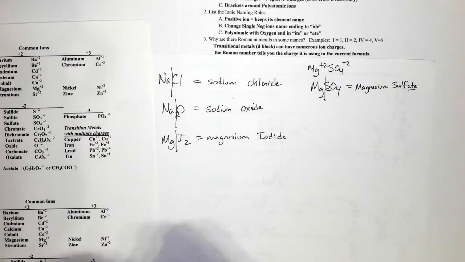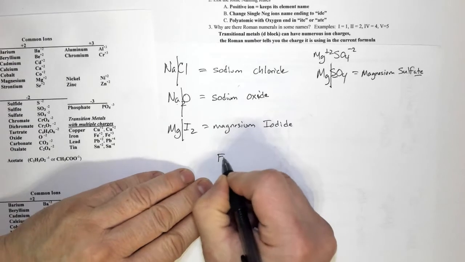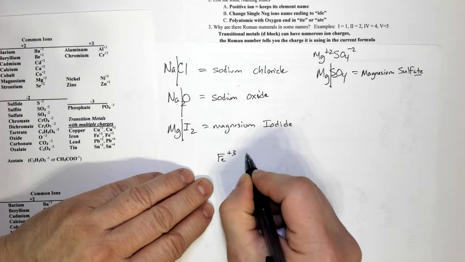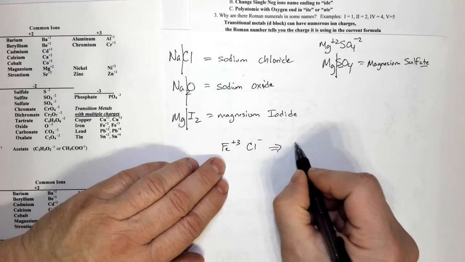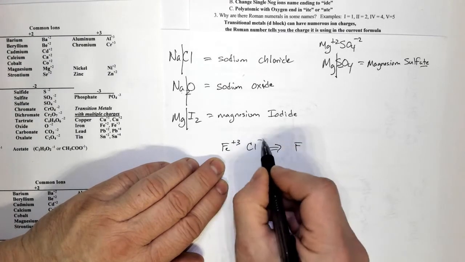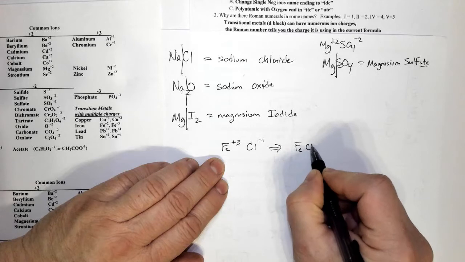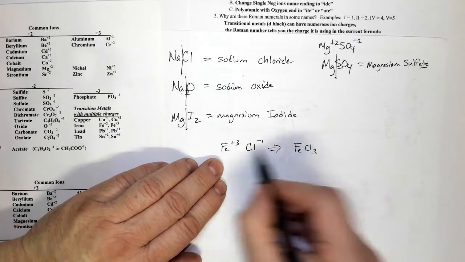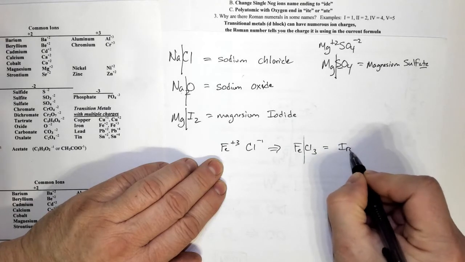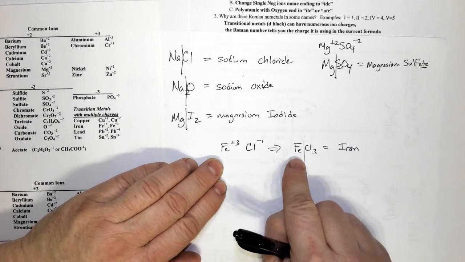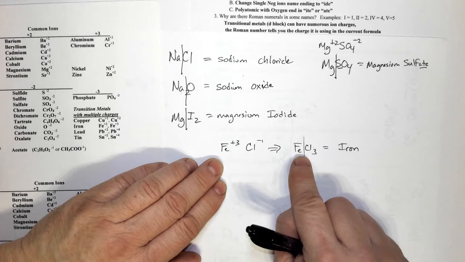Let me give you an example. If I put iron that has a +3 with chlorine -1, I would find the formula as Fe, remember crisscrossing, FeCl3. How would I name it? I'd cut it in half, and it would be called iron, okay, because the first element never changes its name, same name as the element name from the periodic table.